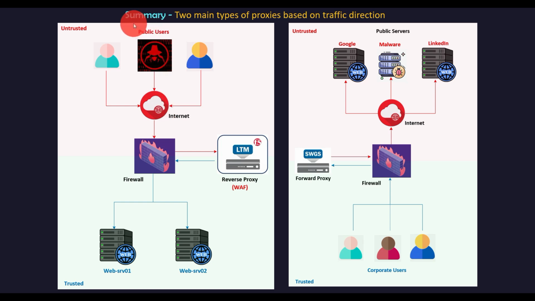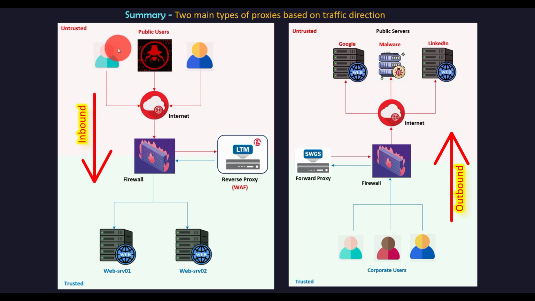So, the summary of this video is there are two main types of proxies based on traffic direction and purpose. If the traffic is outbound, the trusted clients connect to the internet. In this case, we need a forward proxy to act on behalf of the clients and protect them from unwanted access and downloads.